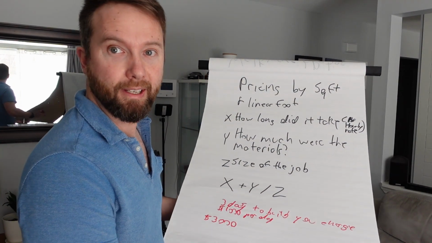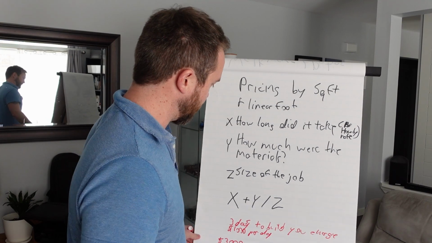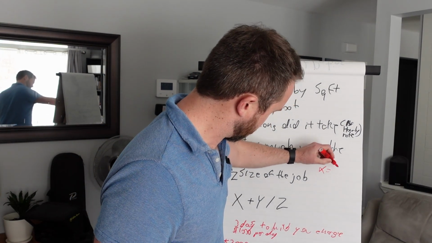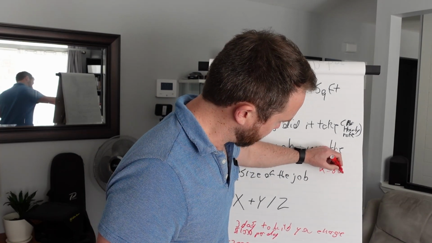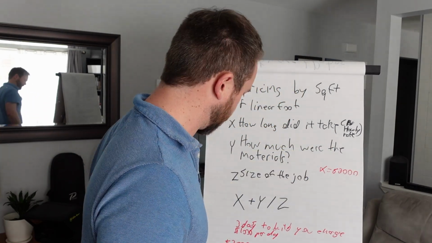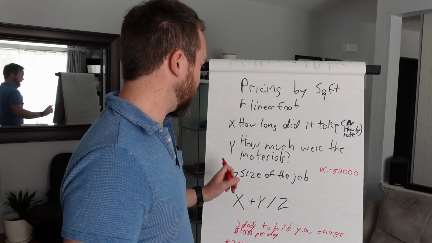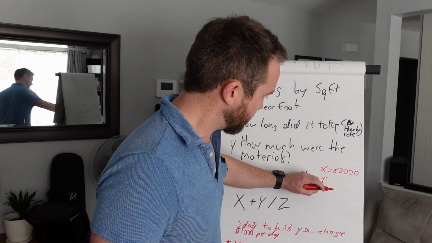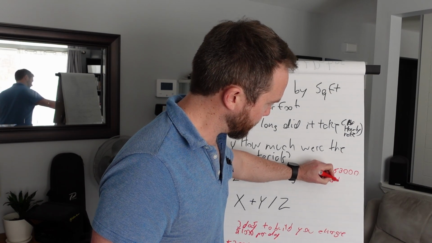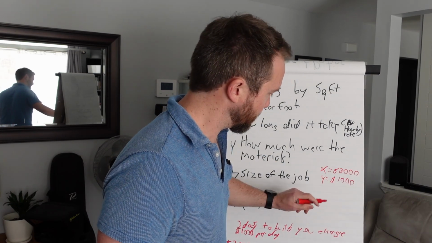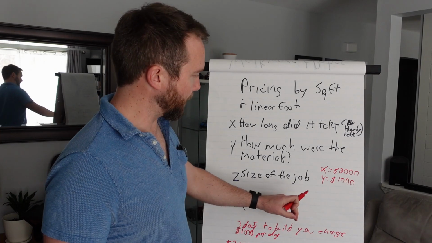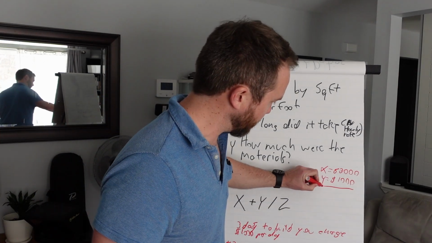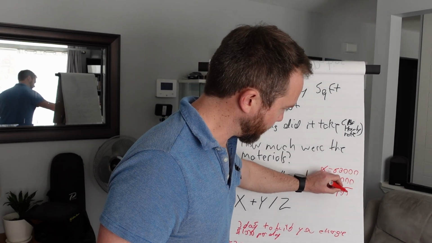Sorry, you can't really see that. I'll do it up here. So X would be $3,000. And then how much were the materials? So let's say it was $1,000 in materials. And then you want to divide X and Y into Z. So the total is going to be 4,000.